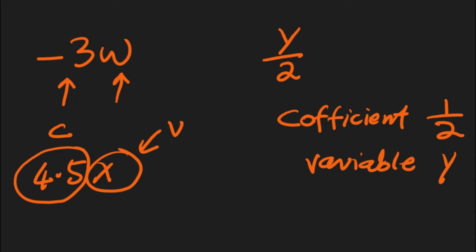So the coefficient can be any real number. In fact, we can have something like this, square root 2 y. This is still an algebraic term because the coefficient is a real number, that is square root 2, and the variable is y.